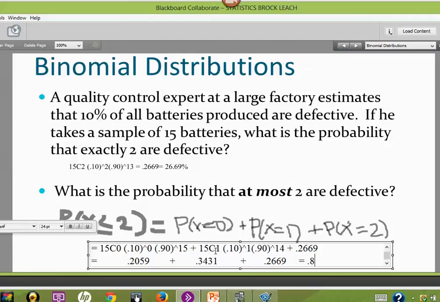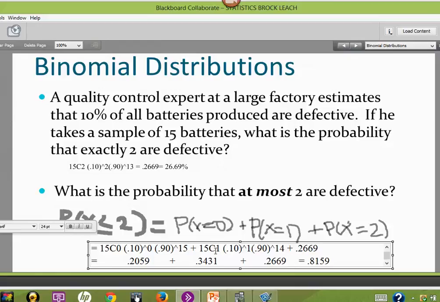I'm typing it in pretty fast, so I'm hoping it's correct. But I get 0.8159. This is the probability of having at most 2 defective items in my line.